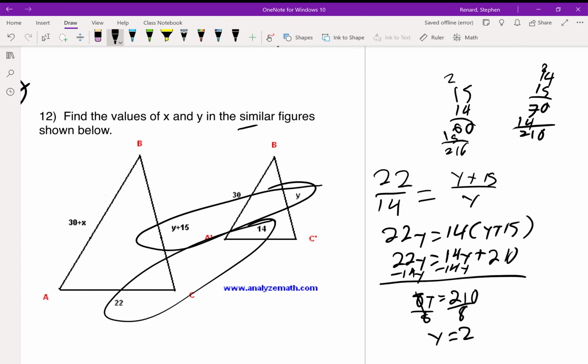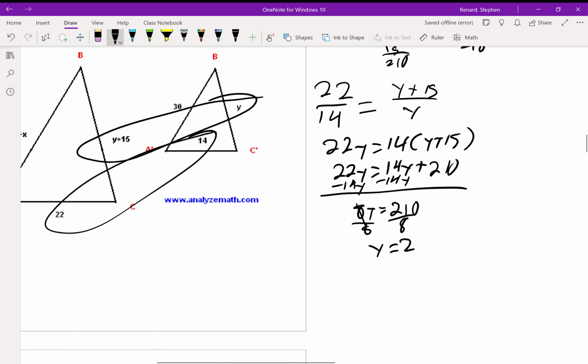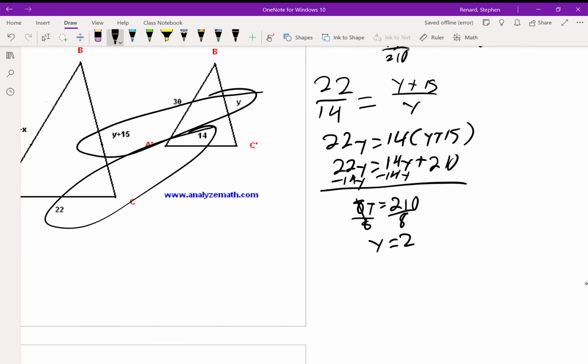Nope, it's 210. It's so stupid. I don't like it. 26.25.